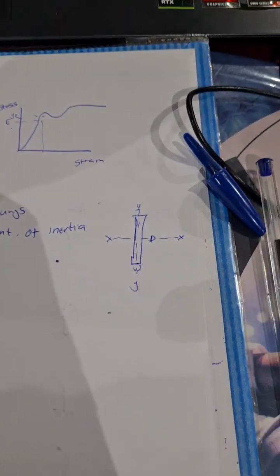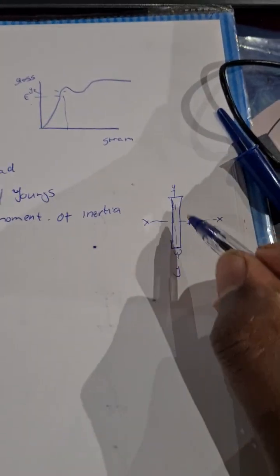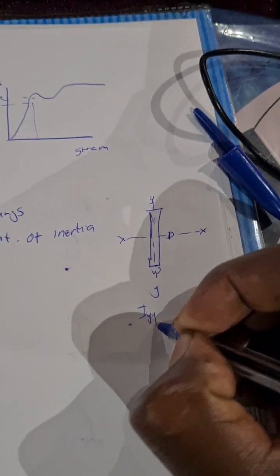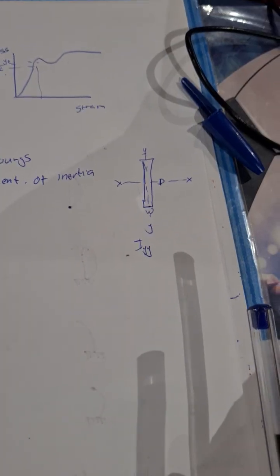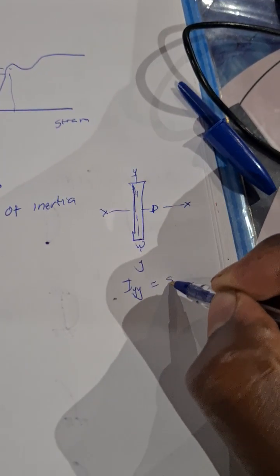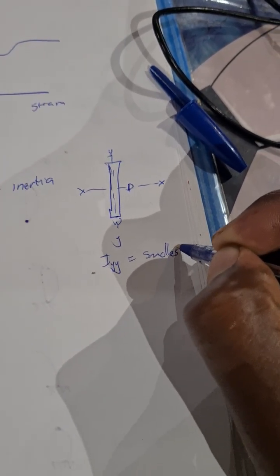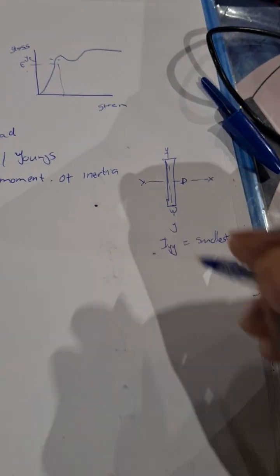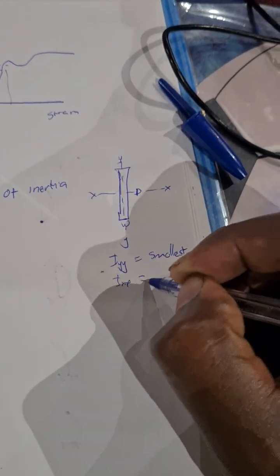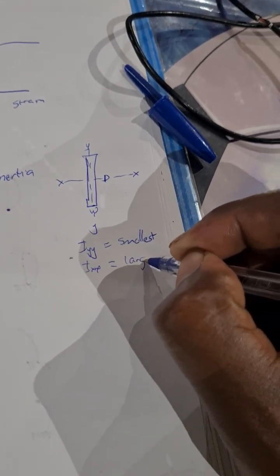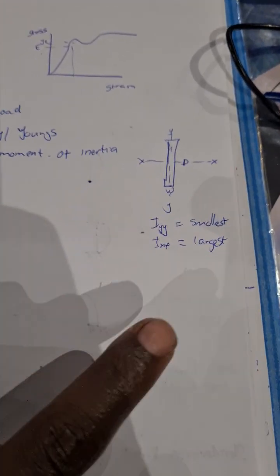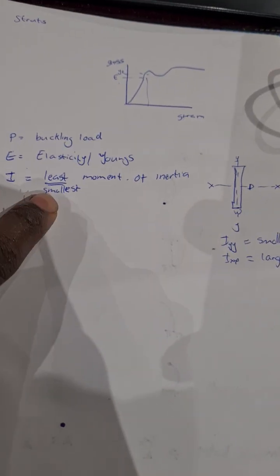The least one in this case is IYY. Why? When you calculate it, it's going to be the smallest, whereas IXX is large or big, depending on whatever language you are using. So why the least?